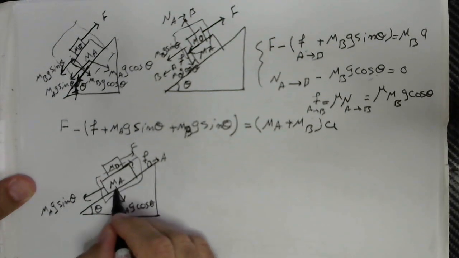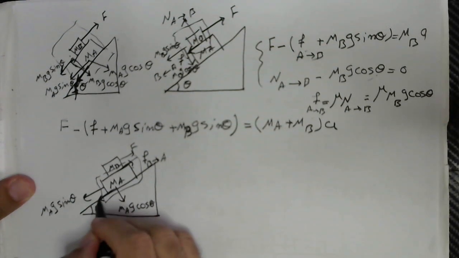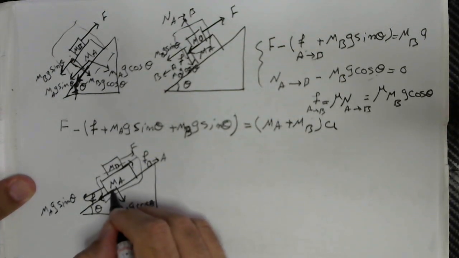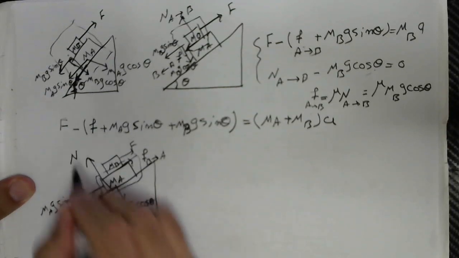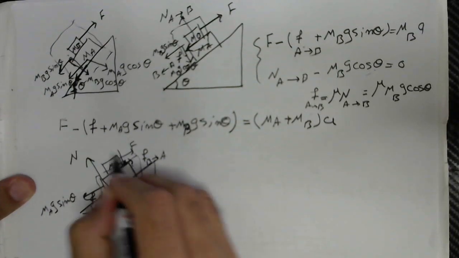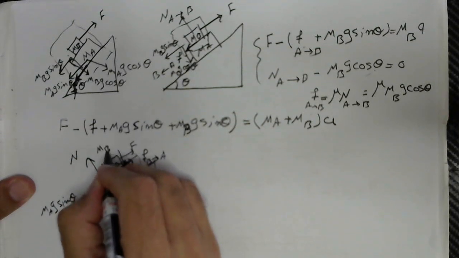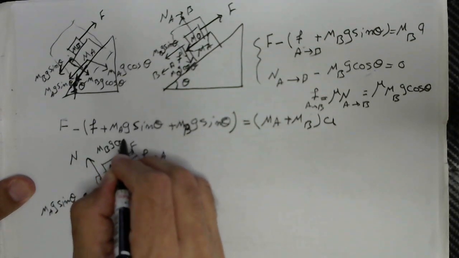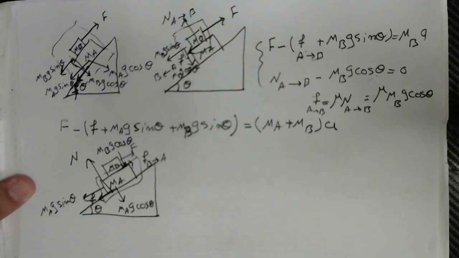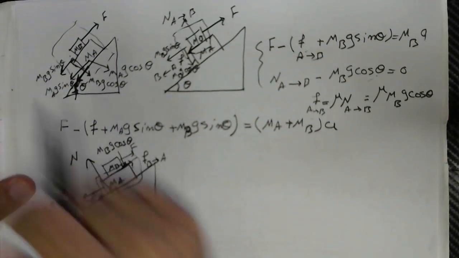And then the frictional force here is F. And then you have N, and then you have MBG cosine theta, the part of the mass of B acting on A, pushing down.